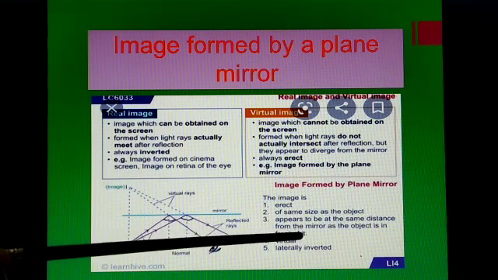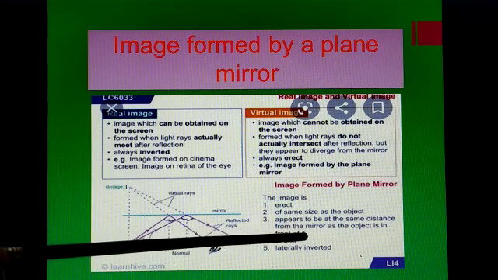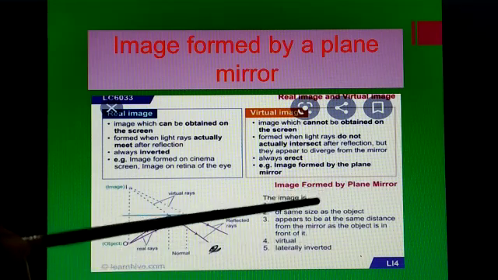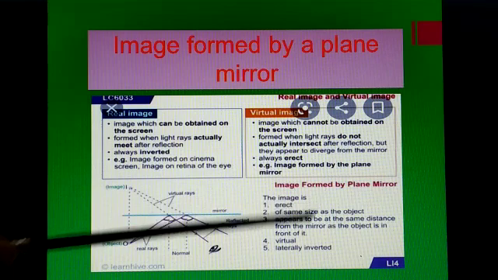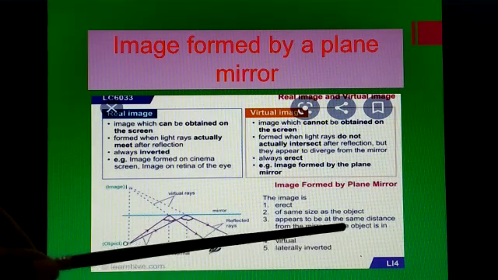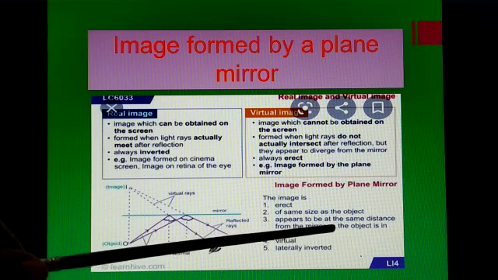Then only the drivers moving in front of the ambulance can read the name properly. Okay, so that is the last characteristic of the image formed by a plane mirror, that it is laterally inverted. That means if you raise your right hand, then in the mirror it will show as the left.